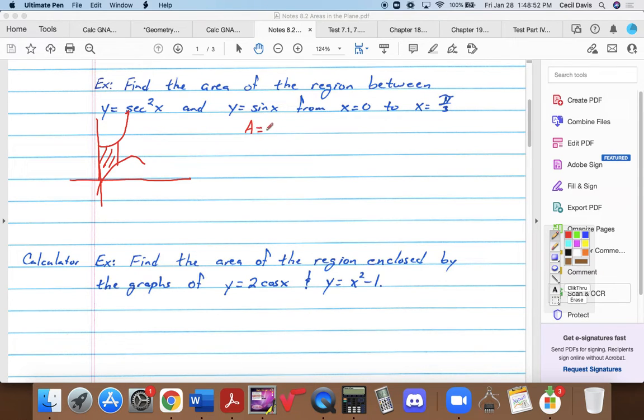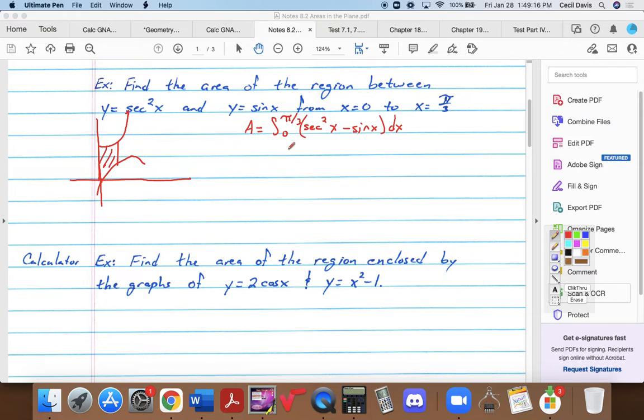So the area is simply the integral from 0 to pi over 3 of secant squared of x minus sine of x dx. Again, this subtraction just gives you the distance in between those two.